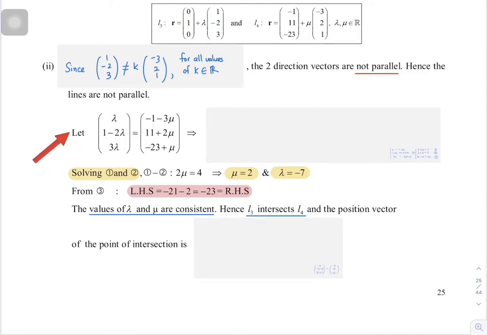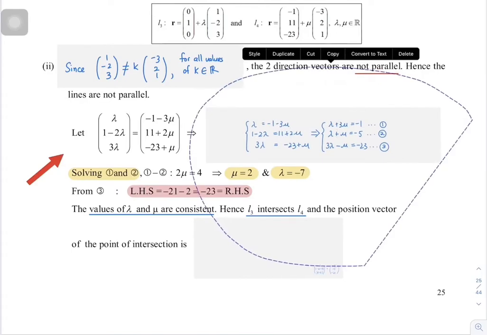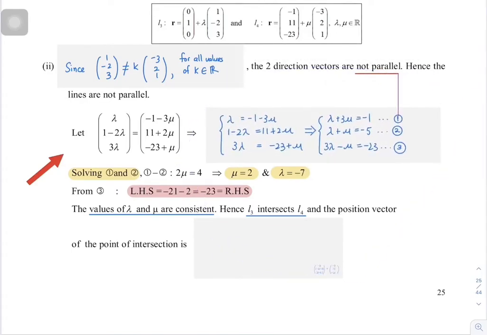To check whether the two lines are intersecting or skew, we equate the two vector equations, and we can form a set of simultaneous equations. For the x component, we can write lambda equals negative 1 minus 3 mu.